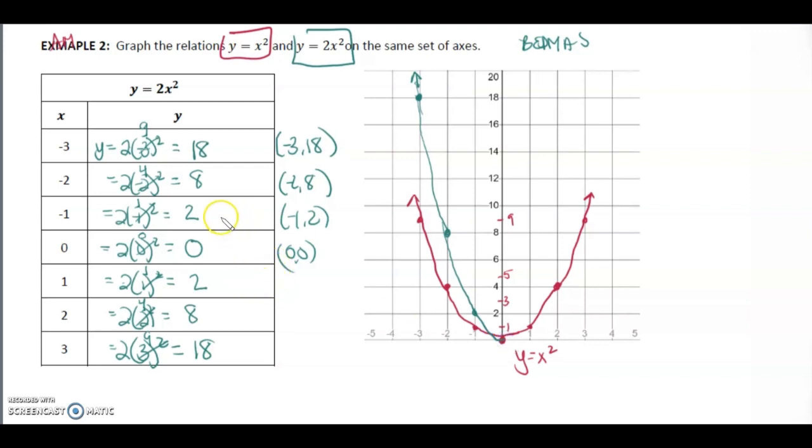And then this is symmetric. We can see that this is symmetric. Both of these are 2's. Both of these are 8's. And both of these are 18. So we'll have 1, 2 again. 2, 8. And 3, 18. Okay, and that's y equals 2x squared.